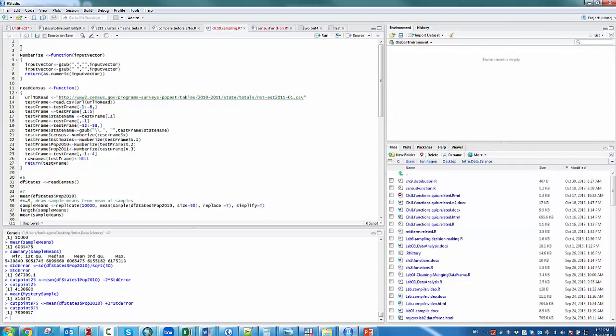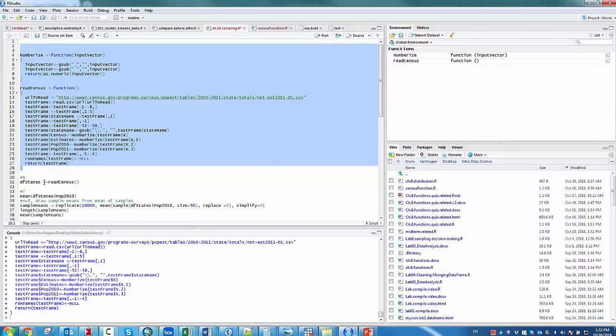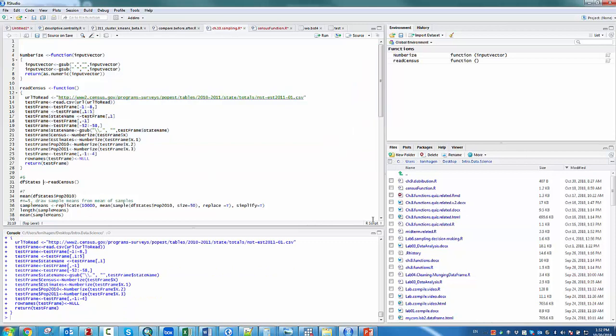In the previous lab, you were all asked to write a function to read a URL and, as a result, create a data frame. So let's run that and create the data frame.